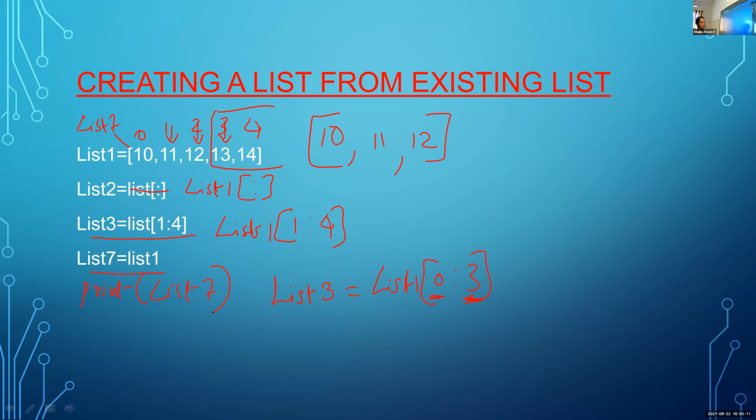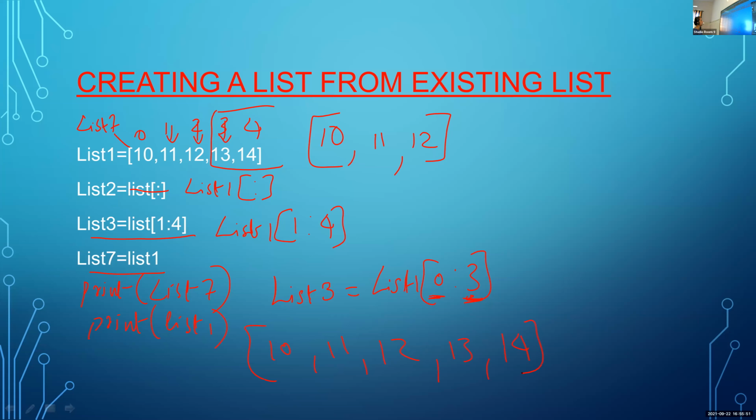So list 1 with the colon in the square brackets and list 7 have the same output? Yes. List 1 and list 7 are the same. We are just giving one alternate name for list 1. For that, we are using this statement. So if you print list 7 and print list 1, the output is 10, 11, 12, 13, 14.